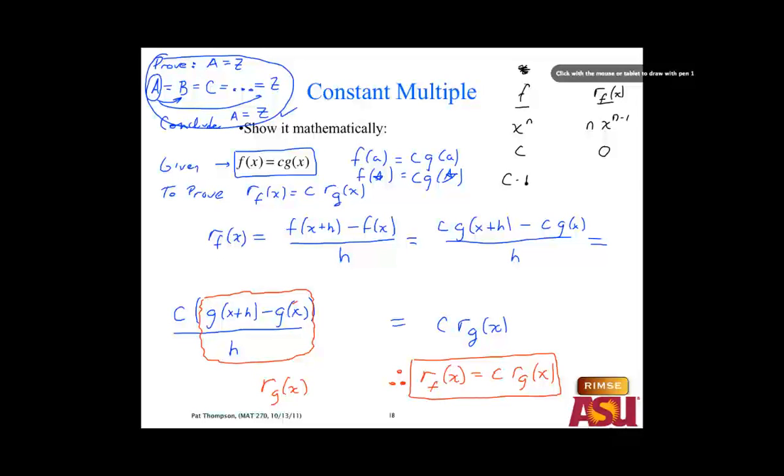So f of x equals c times u of x. If a function is in the form c times another function, call it u, then what's the rate of change of f with respect to x? That's what we just proved: c times the rate of u with respect to x.